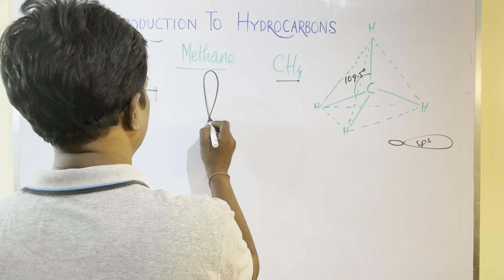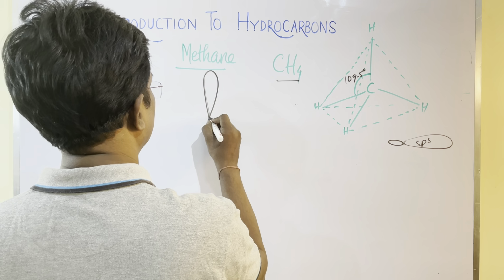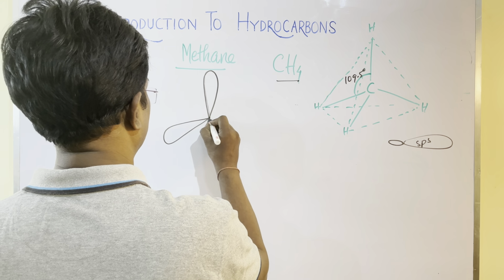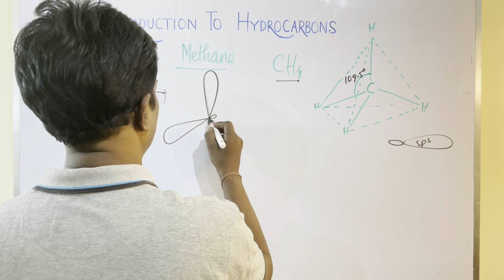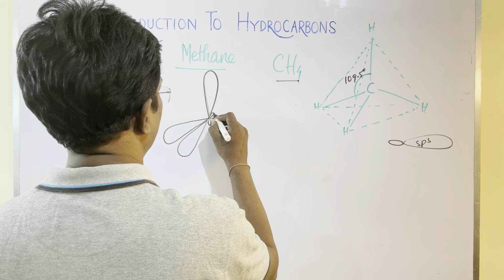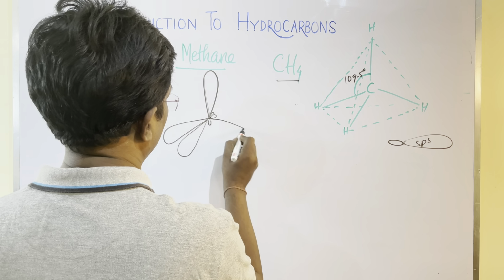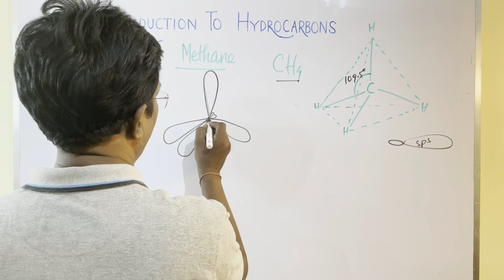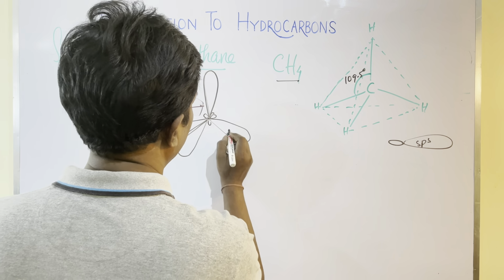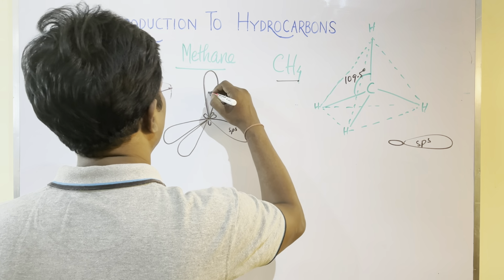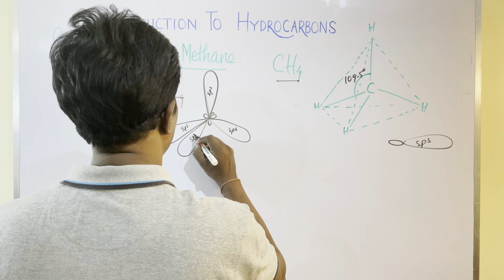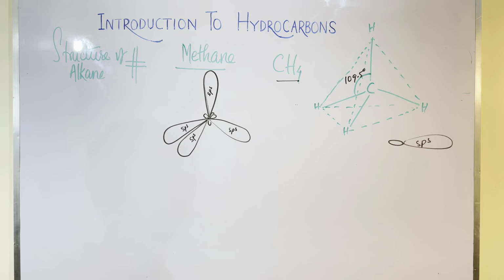Carbon is at the center. There we will draw the 4 sp3 hybridized orbitals, each of them sp3.